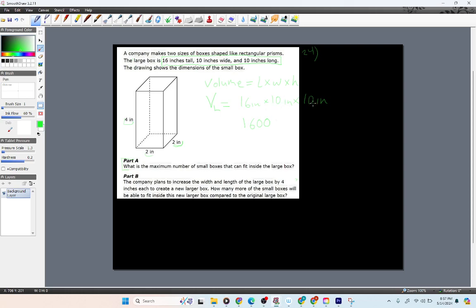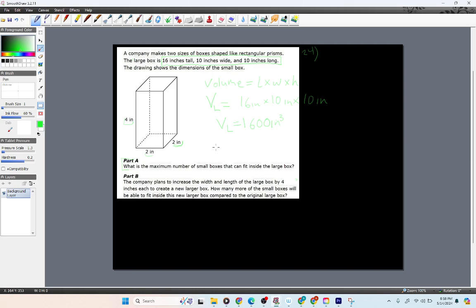Now what about the inches here? Inches times inches times inches. That's inches to the power of 3. You can also call that cubed, inches cubed. Alright, so we got the volume of the large box. Excuse me, that's the small box. The large box dimensions were up here that we just found.